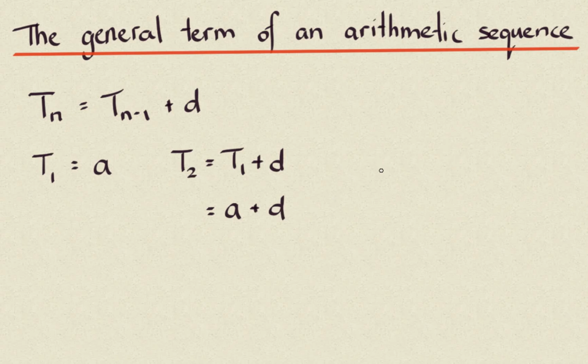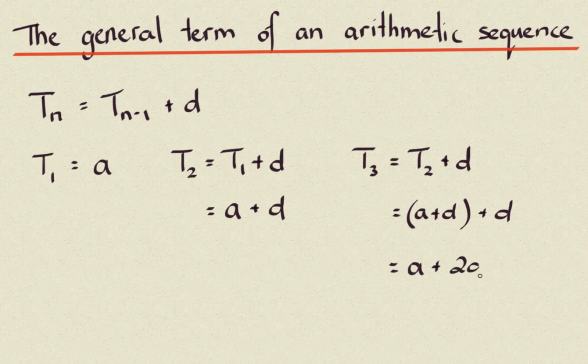What about term 3? Well, term 3 is term 2 plus the common difference, but term 2 can be expressed as this A plus D. So there's term 2 in the brackets plus the common difference D, and we can simplify this a little bit, can't we? We have A plus 2 lots of D. What about if we kept going?